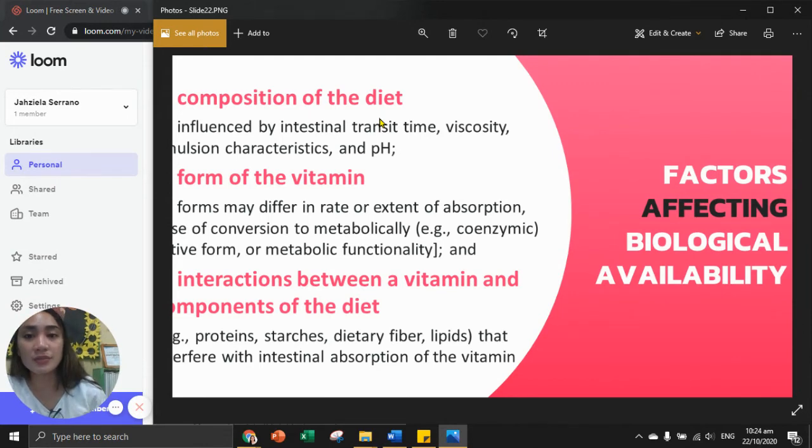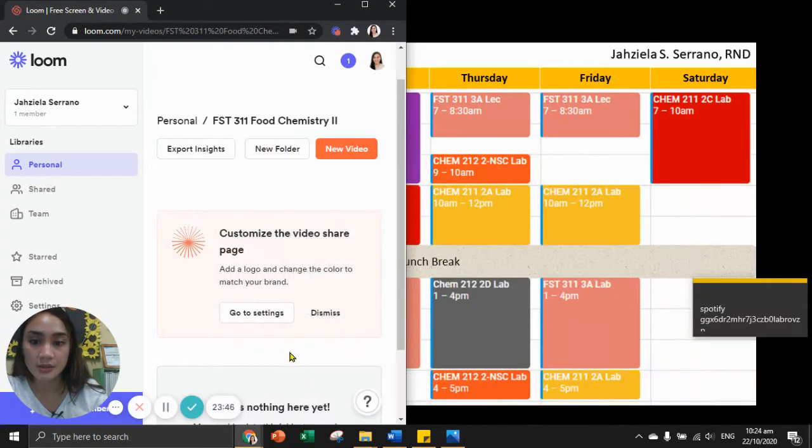So, we have the influence of intestinal transit time, viscosity, emulsion characteristics, acidity level, etc. Another factor affecting availability is the form of the vitamin.